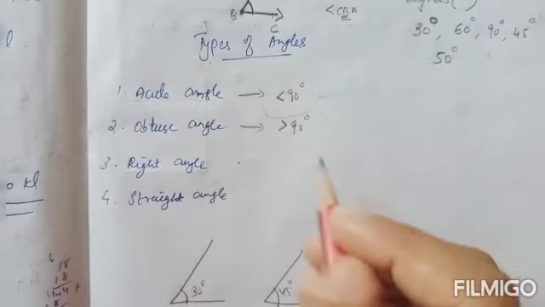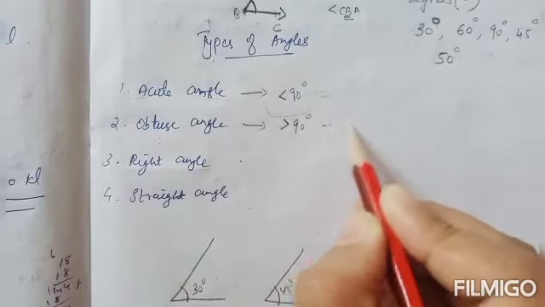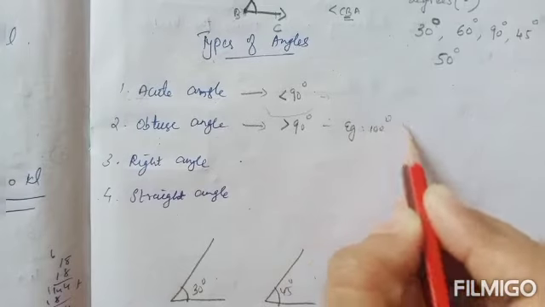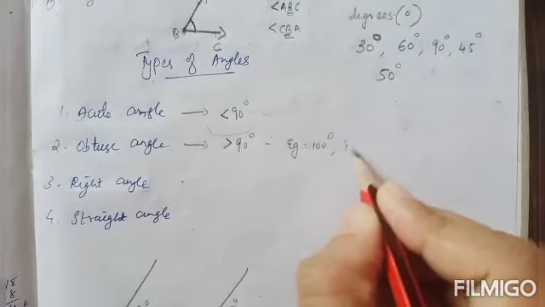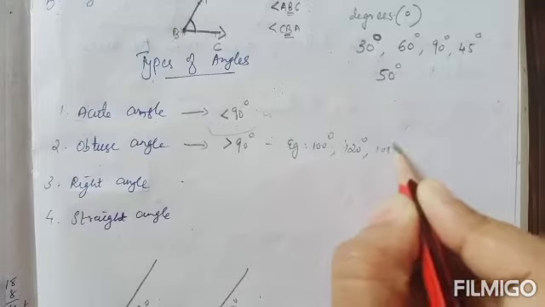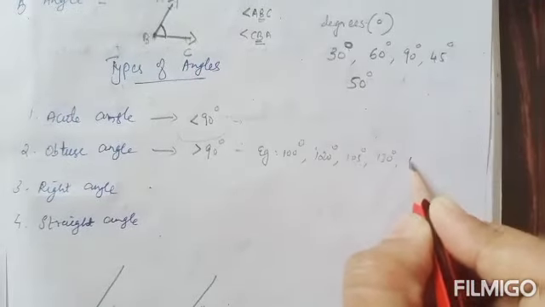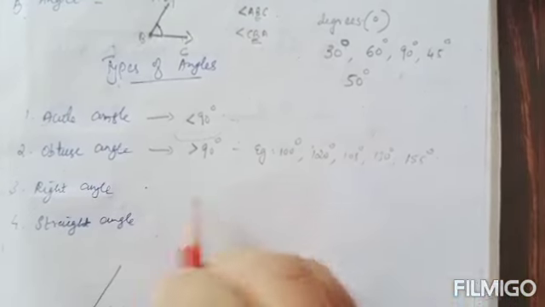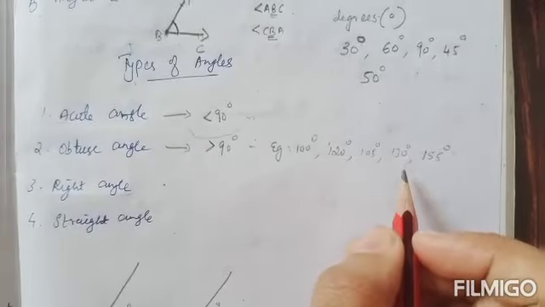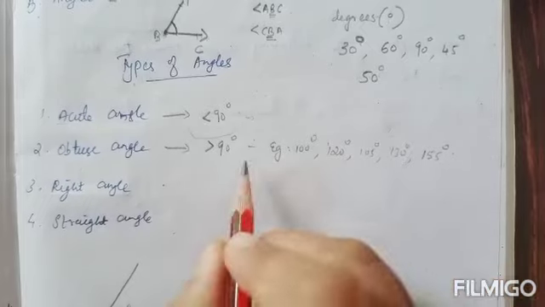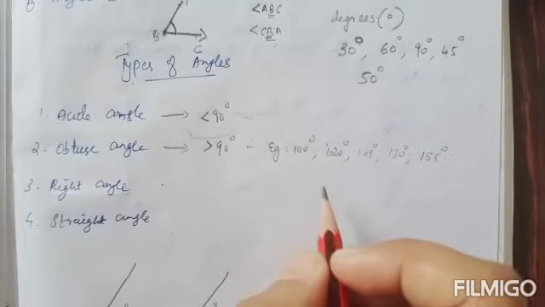For example, we can take a 100 degree angle, it is an obtuse angle. 120 degree, 105 degree, 130 degree, then 155 degree, all are greater than 90 degree. So these are called obtuse angles.